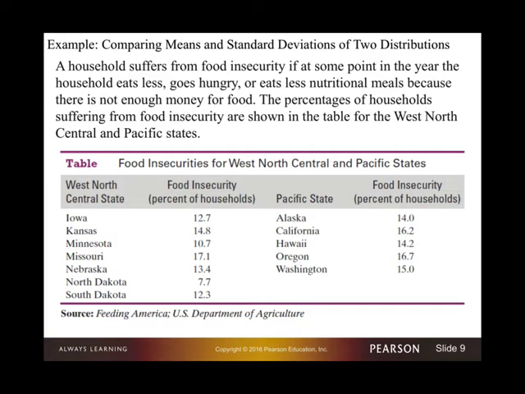The percentage of households suffering from food insecurity are shown in the table for the West North Central and Pacific states. So we have 2 sets of data. The first set is the West North Central states, and the second set is the Pacific states.